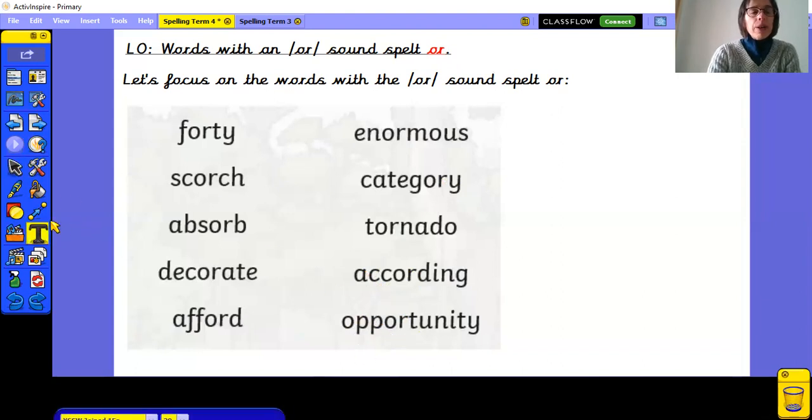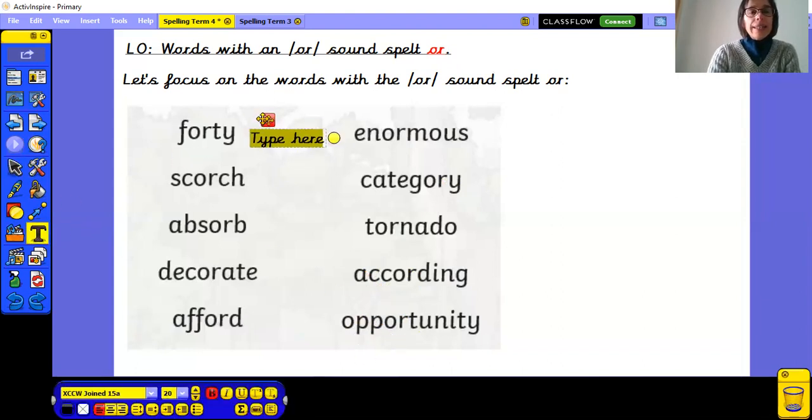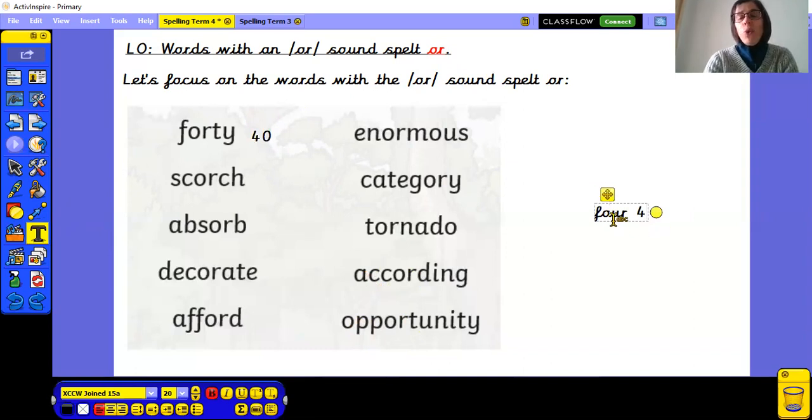And remember, 40 is the number 40, which is different than 4, which would be F-O-U-R. Okay, 40 has no U, it's the O sound, F-O-R-T-Y.